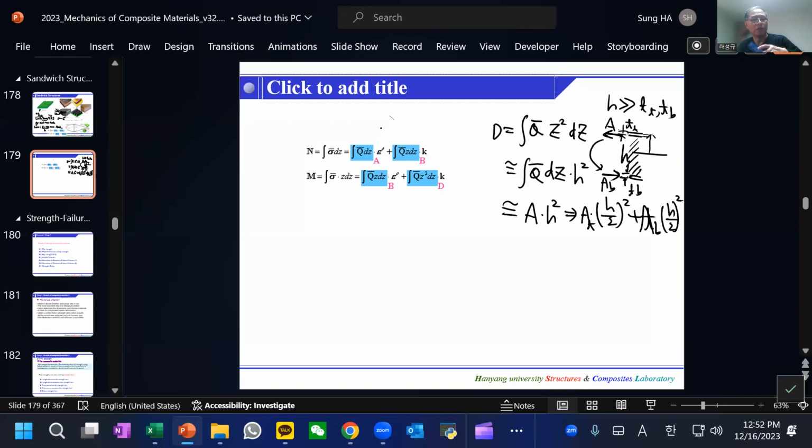I don't want to derive it in detail, but since you have all the derivation and you have a high CLT, you can get the real number.